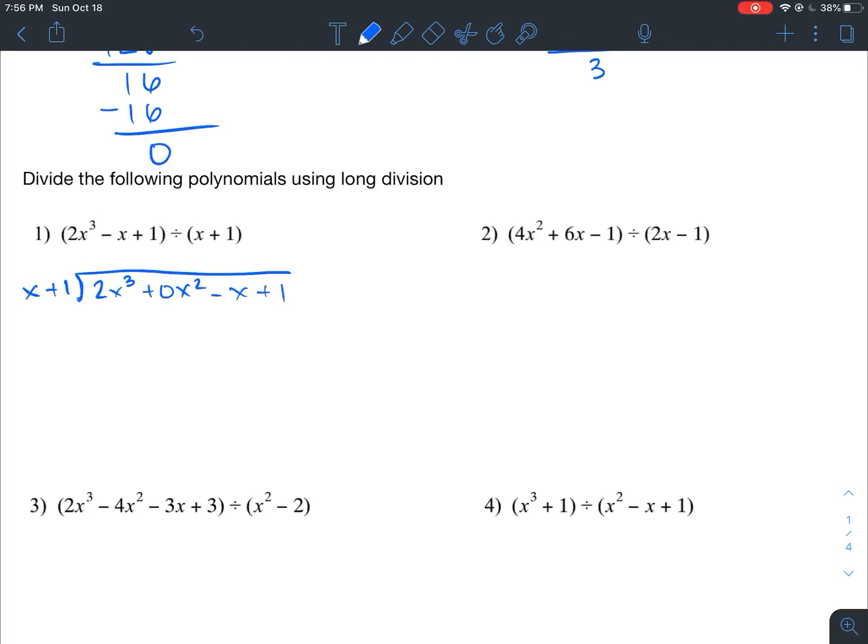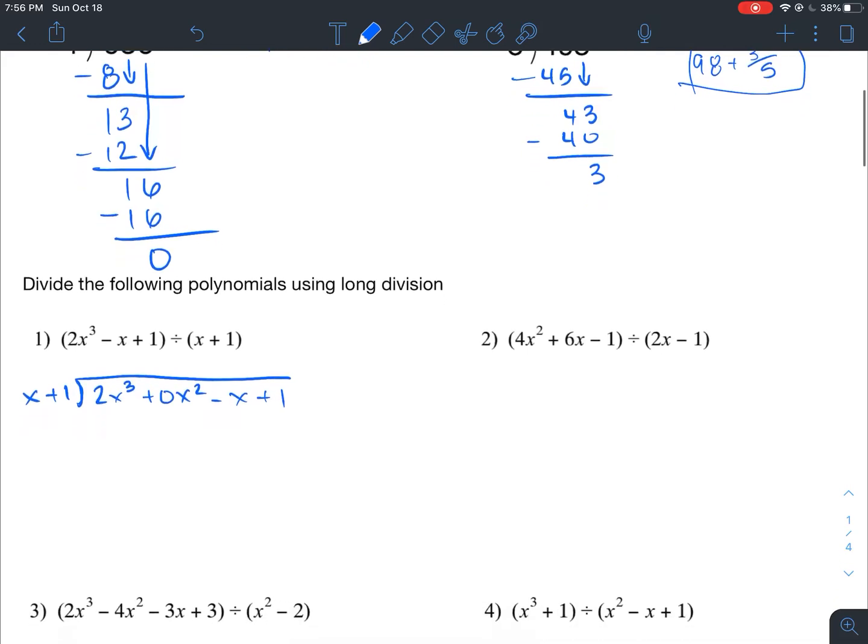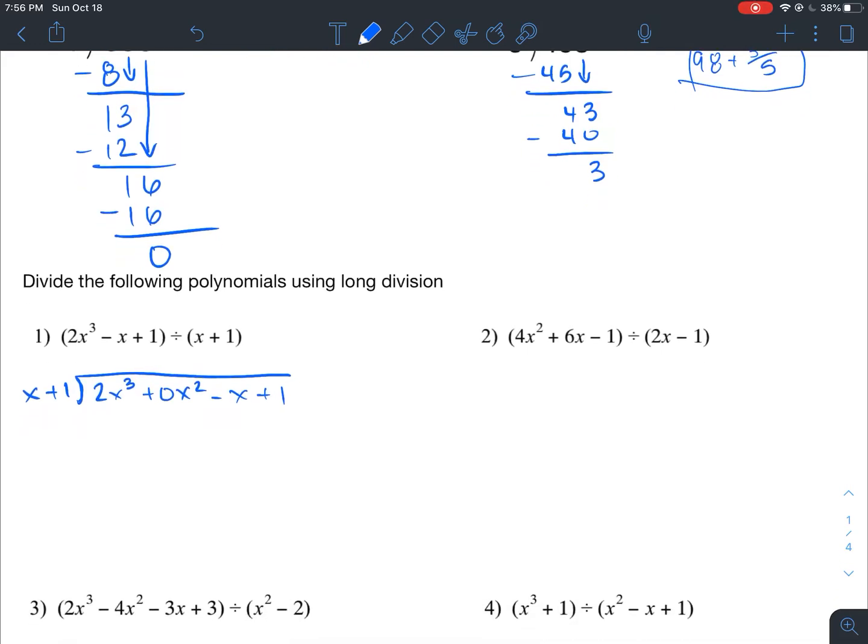Okay, and we basically just do what we did up here, right? So what I want to do is think of what I could do. What do I multiply this term by to get 2x cubed? So that would be 2x squared, right? If I multiply 2x squared by x, I'm going to get 2x cubed.